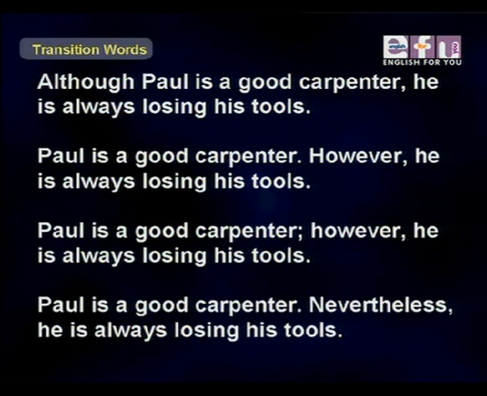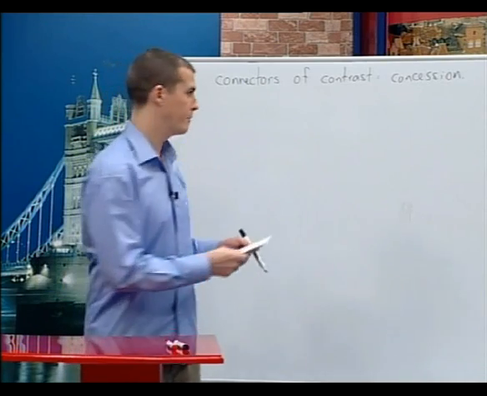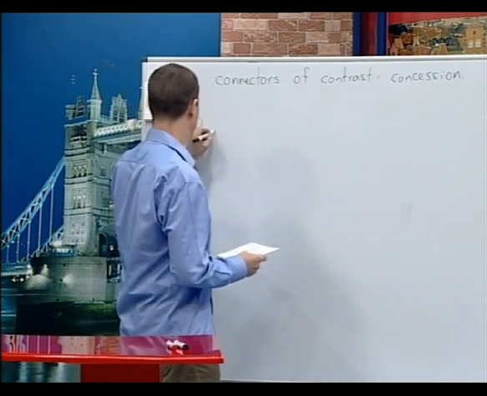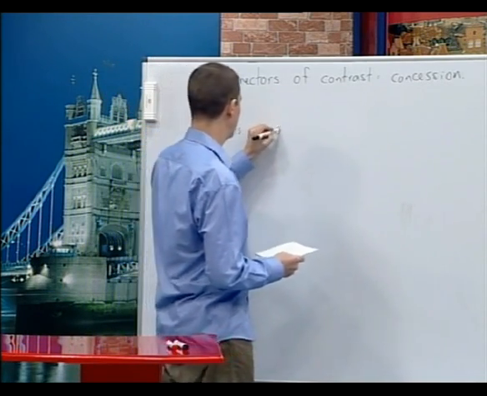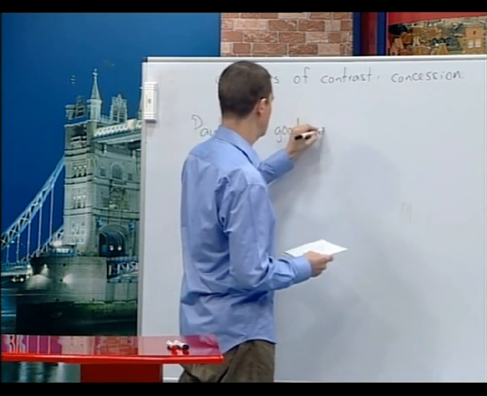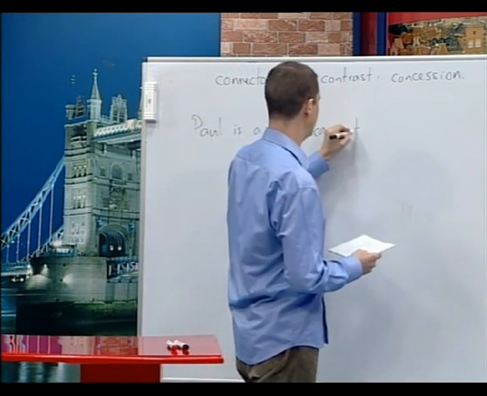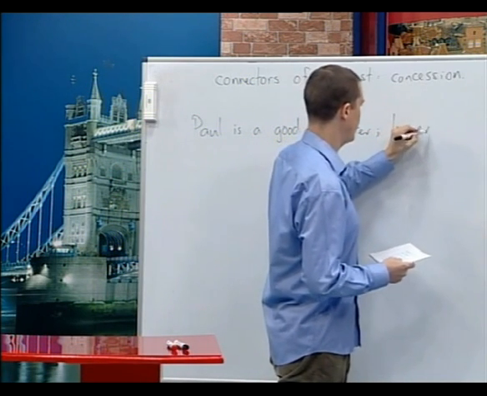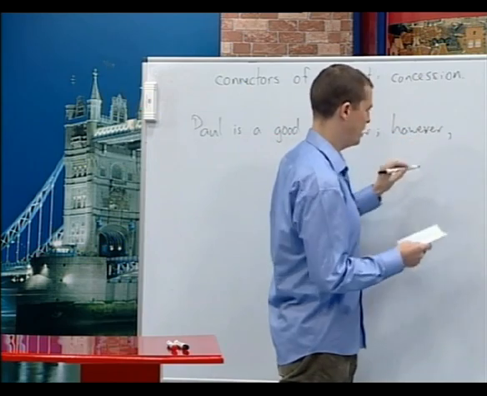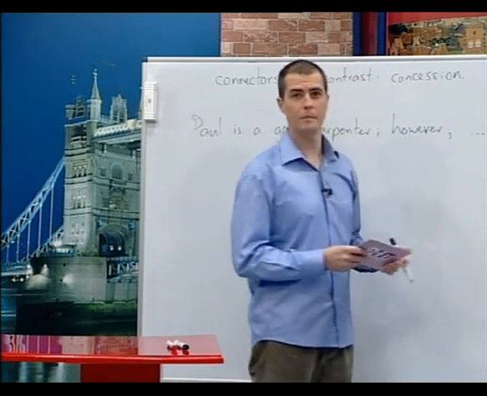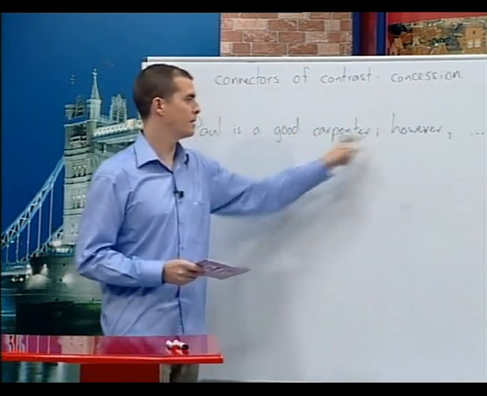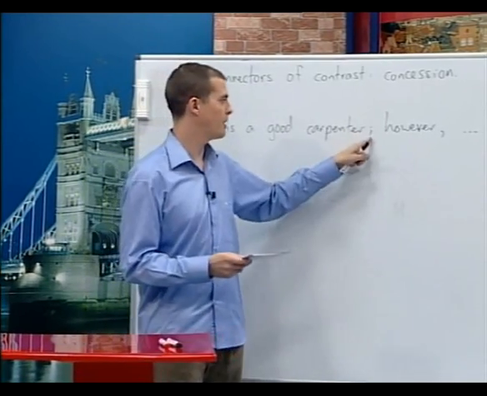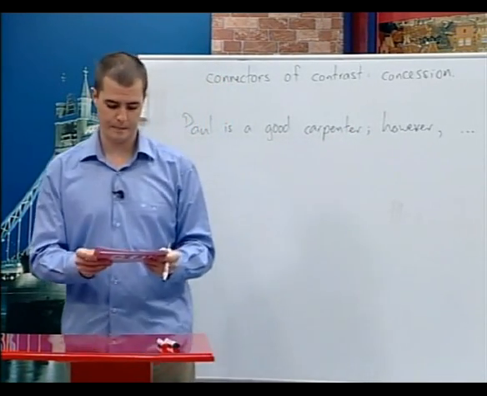When this happens, the first clause ends with a semicolon. So we have: Paul is a good carpenter, semicolon, however, comma. When we have however in the same sentence, it must be a semicolon, however, comma.